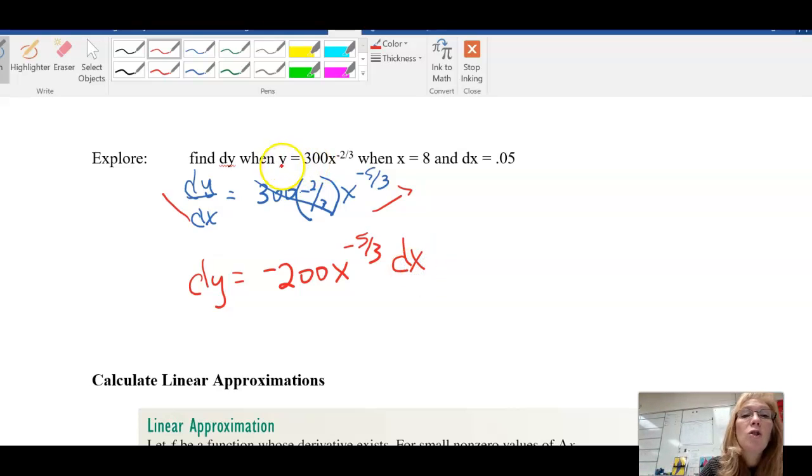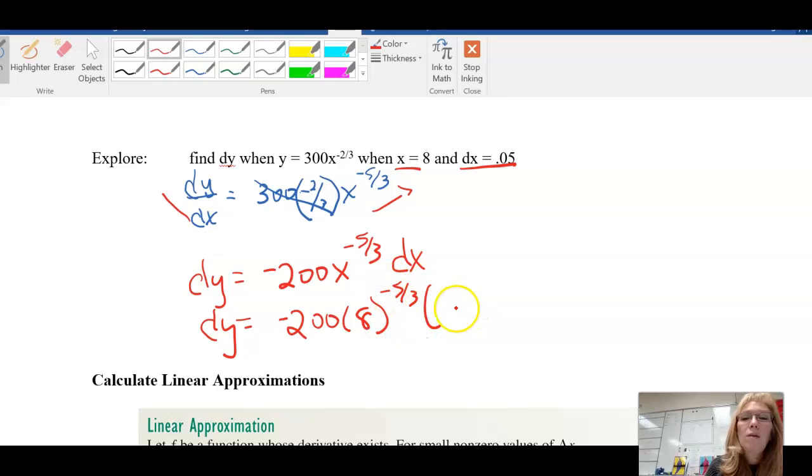Now I'm looking for the change in y when x is 8, and my change in x can be off by 0.05. So we plug those numbers in, and that means my y is going to change by negative 200 times 8 to the negative 5/3 times 0.05.